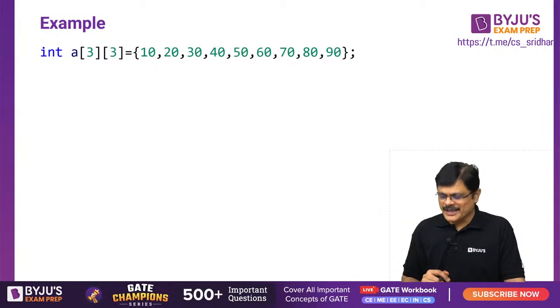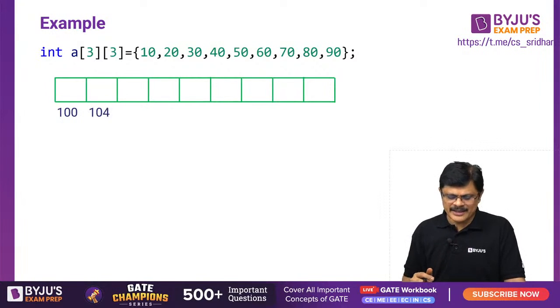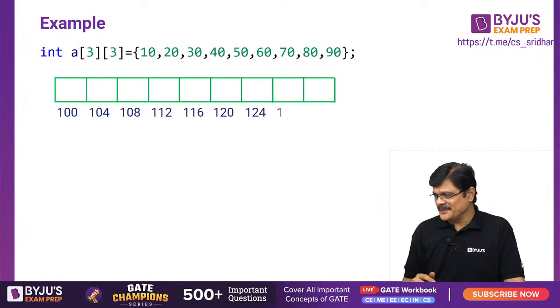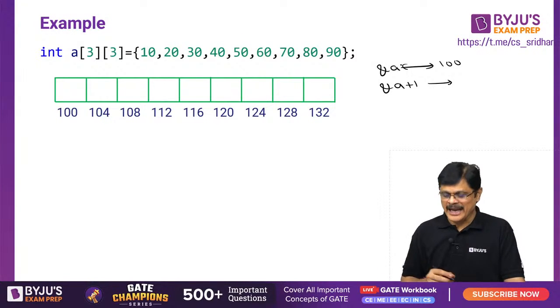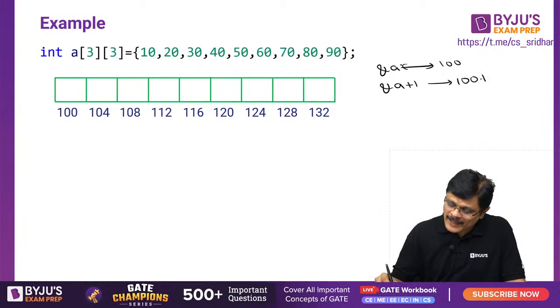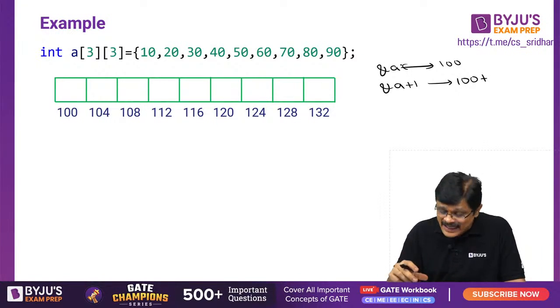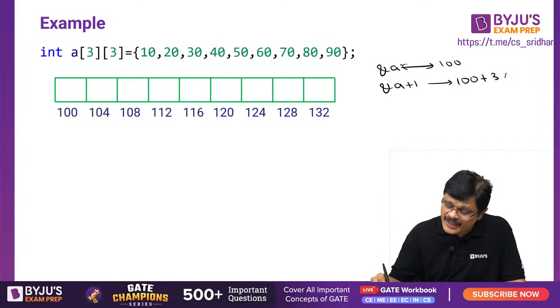Now let us try to understand some important stories, as we discussed for 1D arrays. Let me take an array of size 9. If &A refers to the address 100, what is the address &A+1 equal to? See here, 100 plus the number of elements in this entire 2-dimensional array, that is 3 into 3 into the size of each element, which is 4.